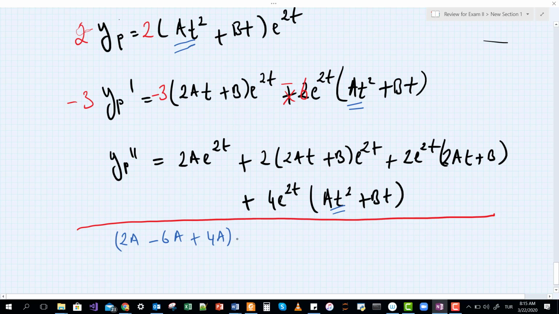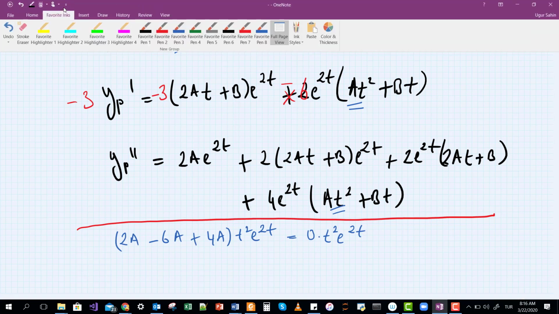So these are the t squared e to the 2t terms. I can just make this equal to the right hand side, but if you look back, I don't have any t squared e to the 2t terms on the right hand side. If you look at the left hand side, it's already 0, so we're even. You don't need to calculate anything from this equation.